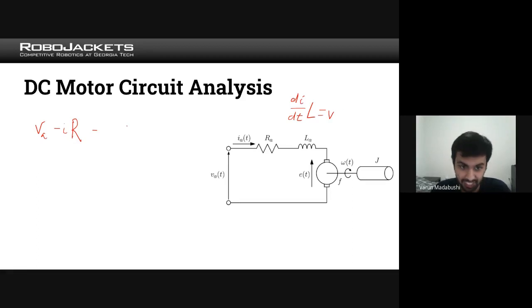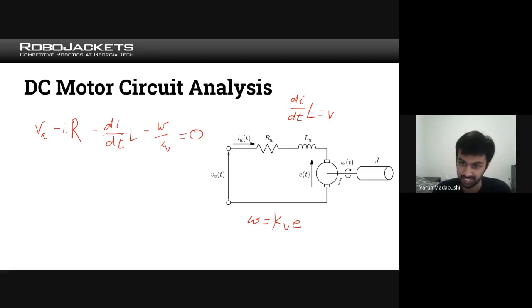You might remember this equation, but we're going to use the voltage drop across the inductor right here: L times dI/dt. And then lastly, we want to subtract the back EMF across the motor, which, if you remember, is omega equals Kv times E. So here we want to solve for E, so we divide by Kv, and then we get minus omega over Kv.